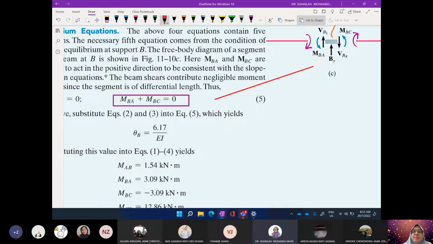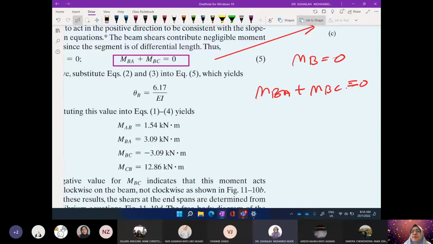MB is equal to 0, so that is why MBA plus MBC is equal to 0. That is why in the table we always get MBA and MBC same value with different sign, because we need to fulfill this condition.